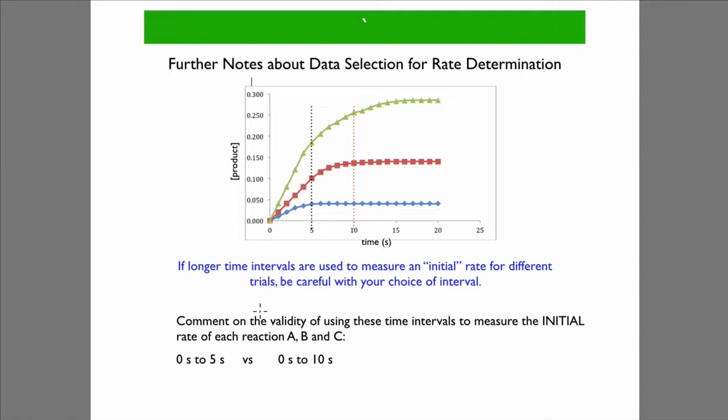You can see that between 0 and 5, the initial slope here is kind of the same, so you could use this one with the squares, it would be okay.